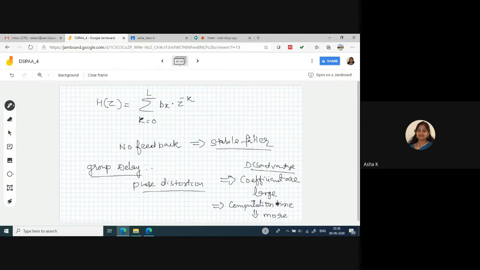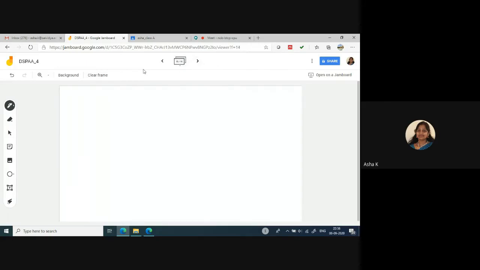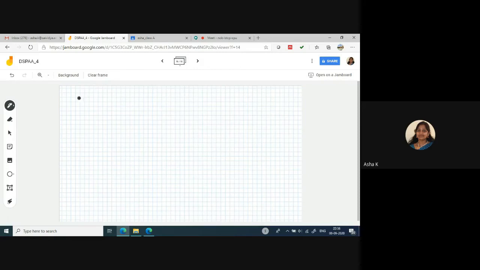We will take up an example of an FIR filter, a finite impulse response filter, represented by a difference equation.